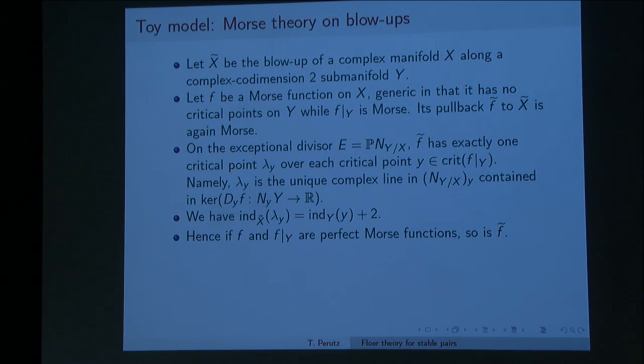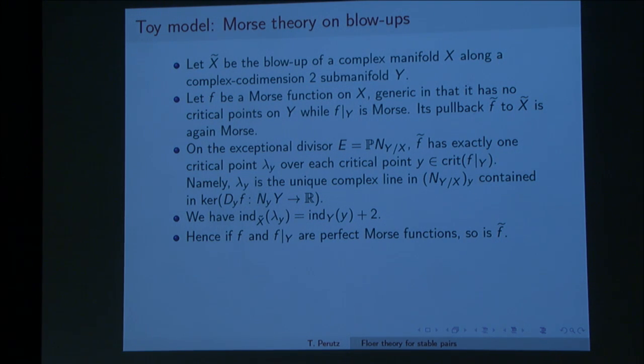Why so? Well, on the exceptional divisor E, which is the projective normal bundle, f tilde has exactly one critical point, lambda y, over each critical point of the restricted function f on Y. What is it?